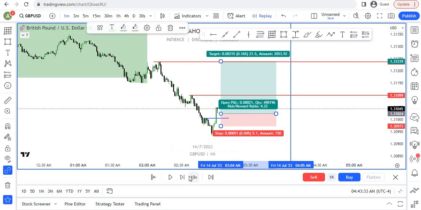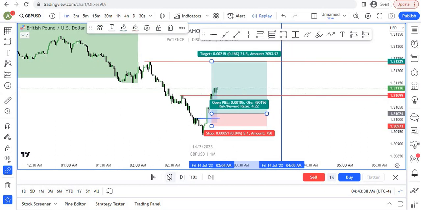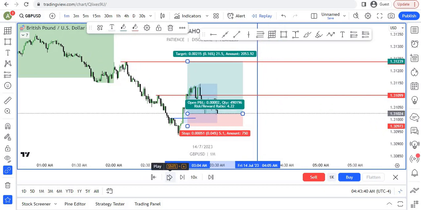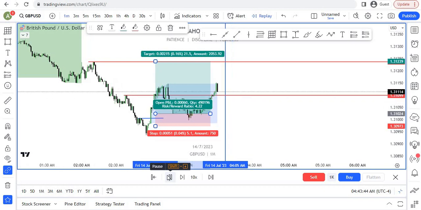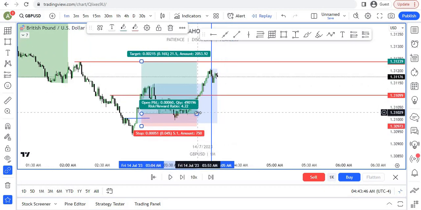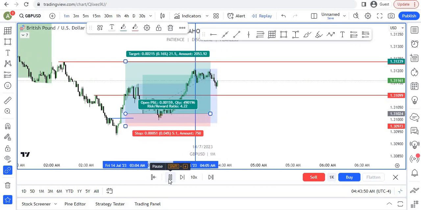It can be here as well. We came in and hit our target as well. If 15 pips hits, this means our target is hit.